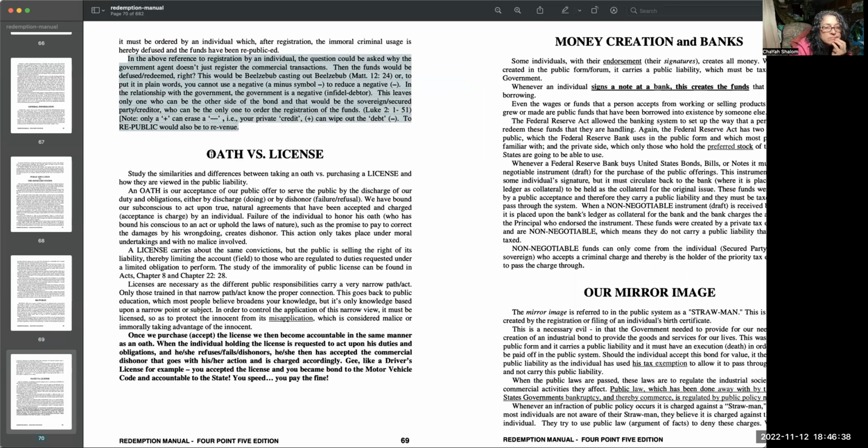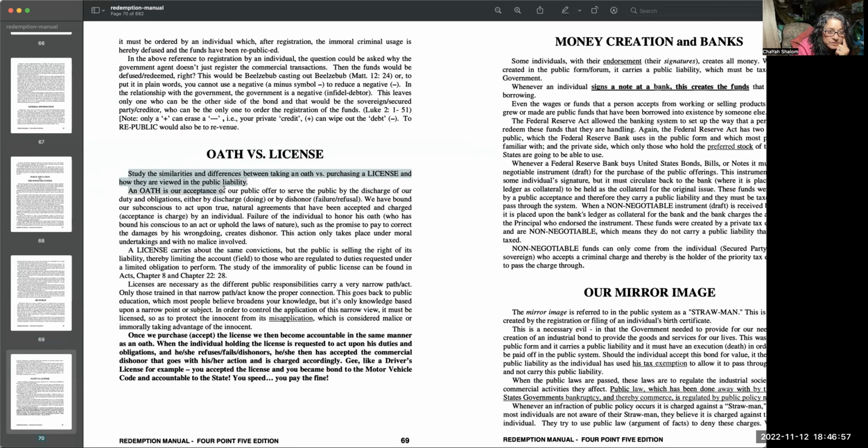Interesting. Oath versus license. Study the similarities and differences between taking an oath versus purchasing a license, and how they are viewed in the public liability.